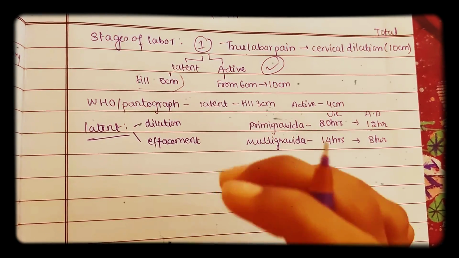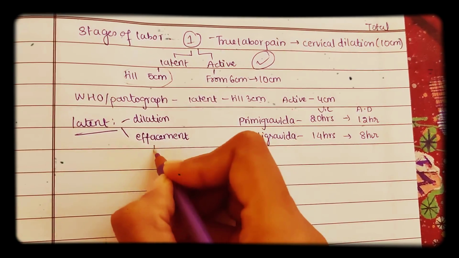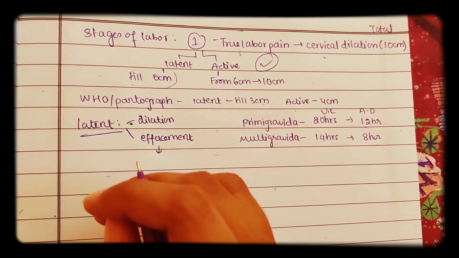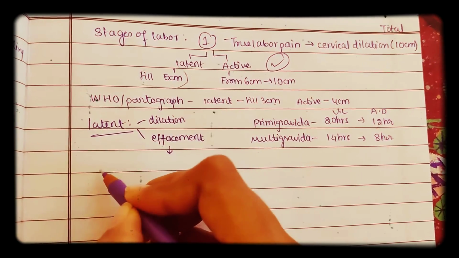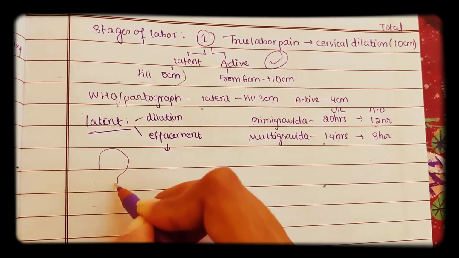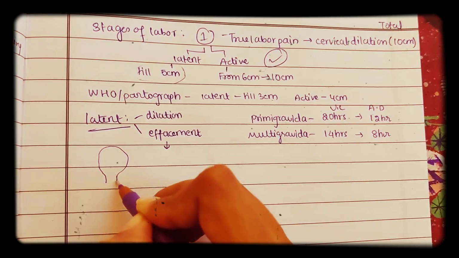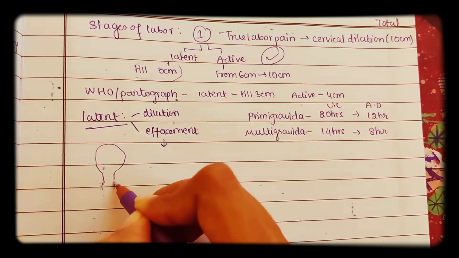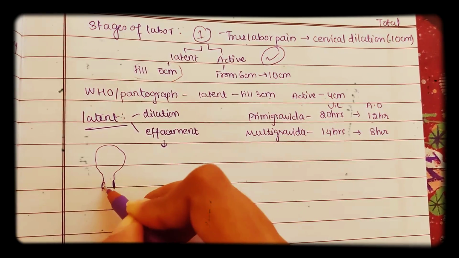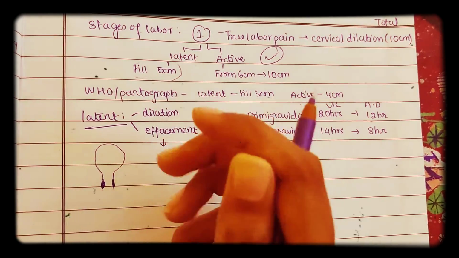Okay, so now let us discuss what is effacement. Effacement of cervix is a shortening or taking up of cervix. Shortening of cervix means, this is the uterus here, this is the internal os here, and here you will have your cervix like this. Actually what happens is this cervix will move upward due to this dilation process.